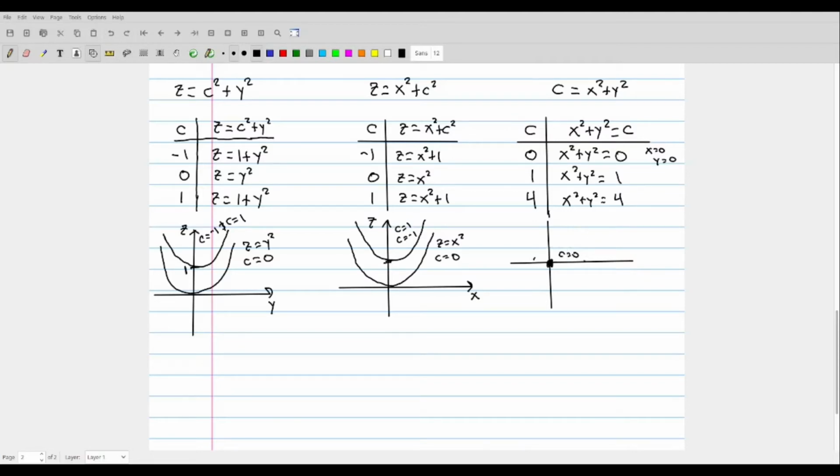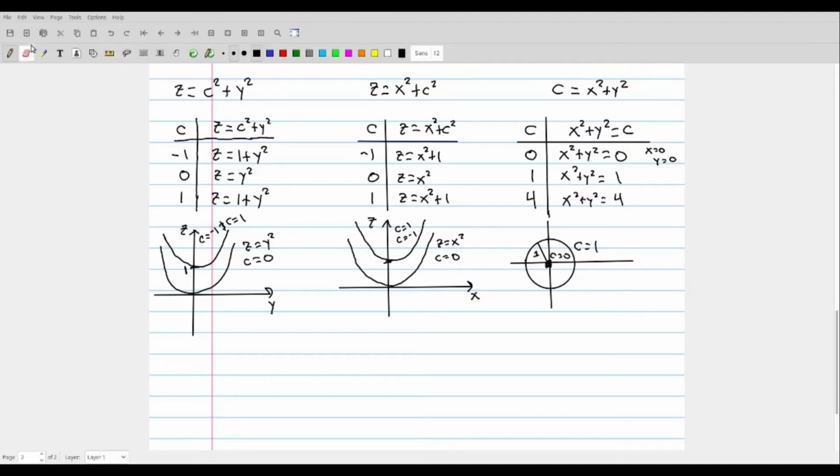Let me make that a little bit bigger. So that origin point corresponds to c equals 0. This circle right here has radius 1. And that corresponds to c equals 1.